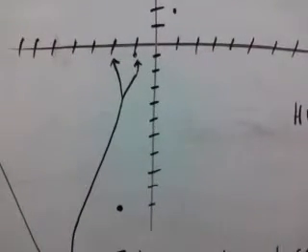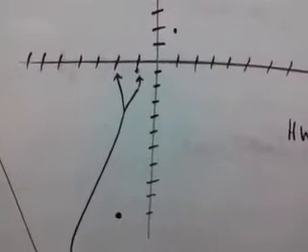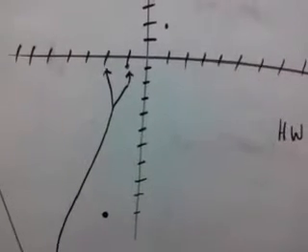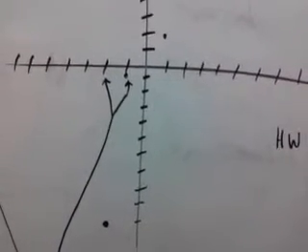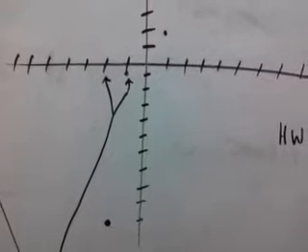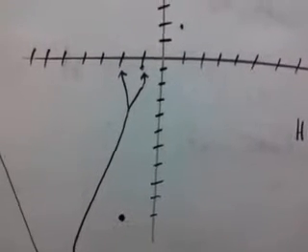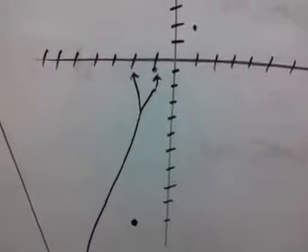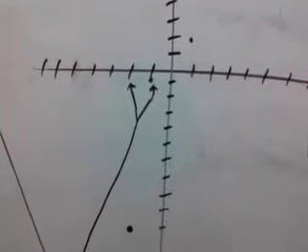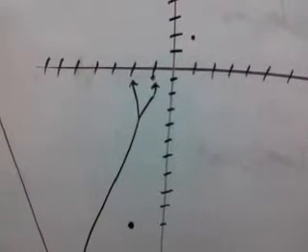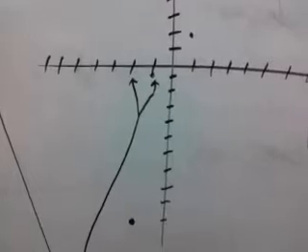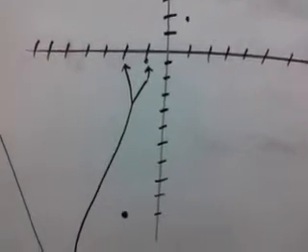Now the vertex splits the graph in half. So on the other side of the vertex, you will have similar points located the same horizontal distance from the vertex.